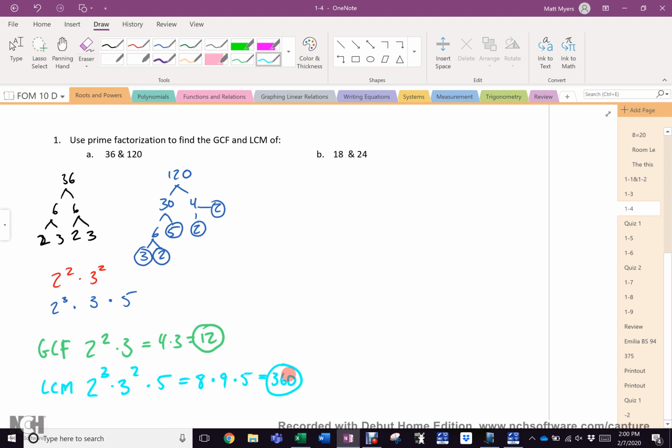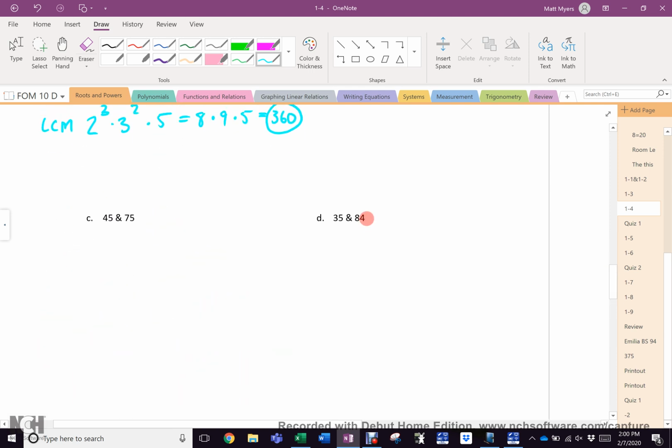So I want all of you right now by yourself to do this whole page, if you're comfortable. But I want to add a number down here: 35, 84, and sure, 70.